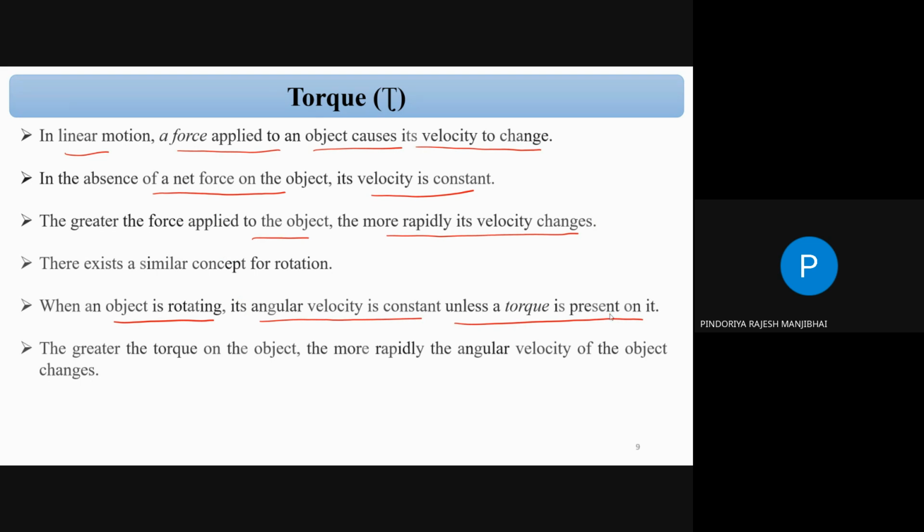Suppose a motor is rotating, its angular velocity is constant unless torque is present. The greater the torque on the object, the more rapidly the angular velocity of the object changes. So simply remember, torque is directly proportional to the change in velocity, just as force is.